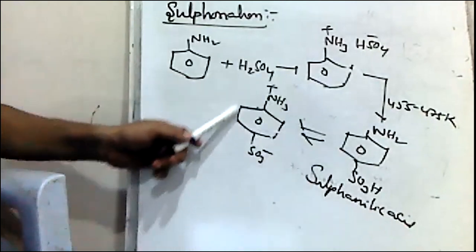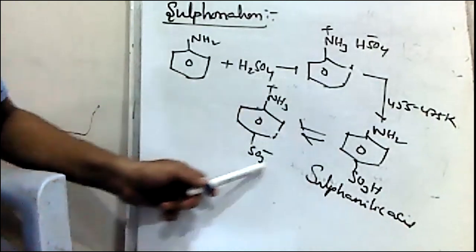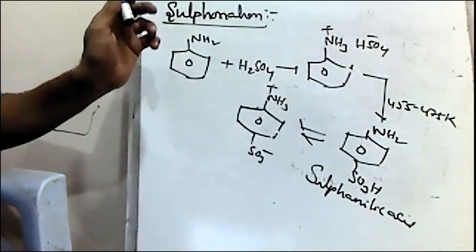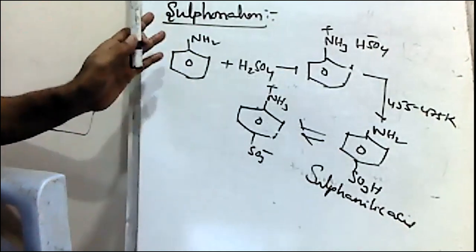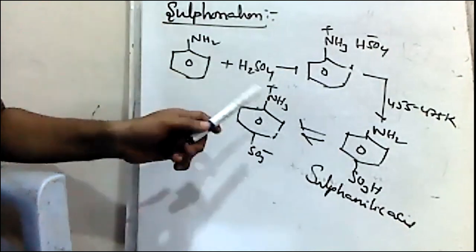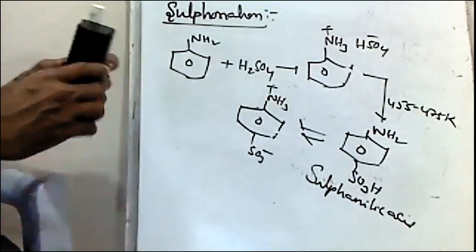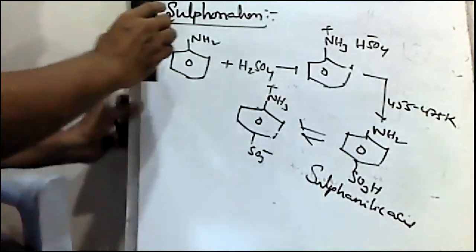It consists of both positive and negative charges. So this is the second electrophilic substitution reaction of aniline.